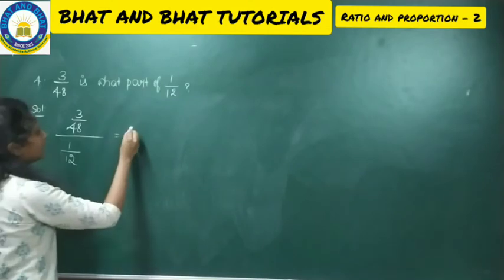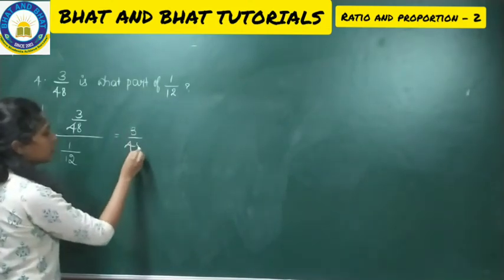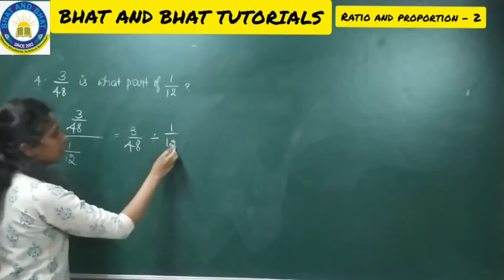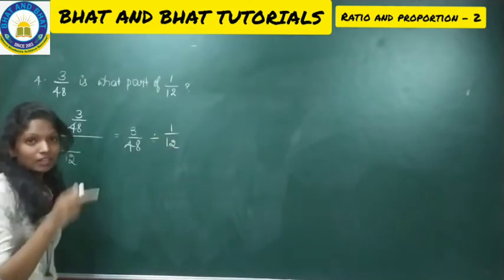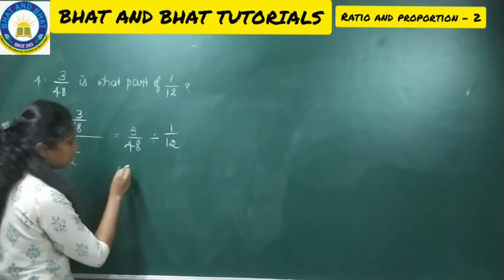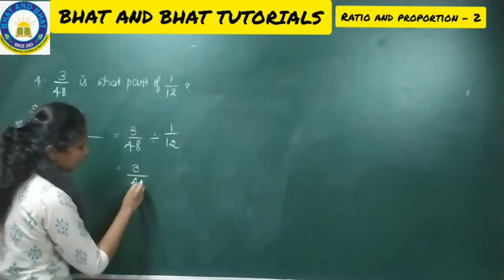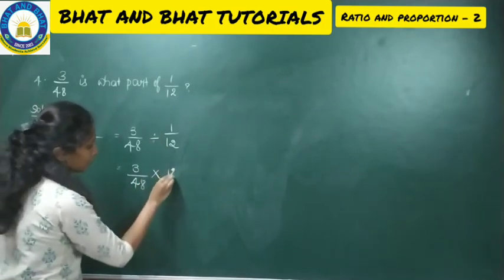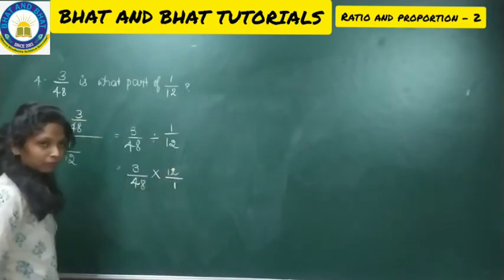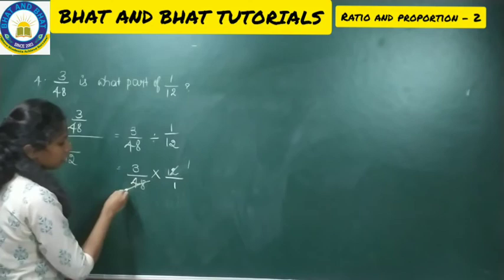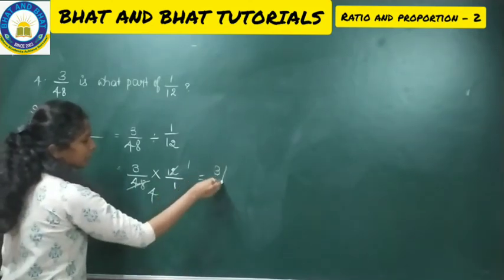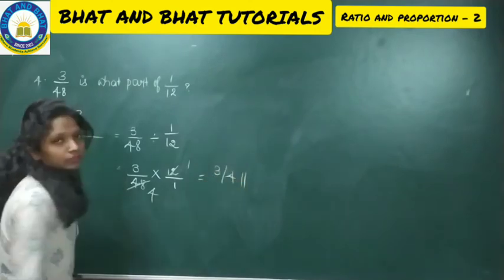So you all know when it is like this, 3 by 48 divided by 1 by 12, because since it is a part, is what part we are dividing, okay? So 3 by 48, division will become multiplication, 1 by 12 becomes 12 by 1, 12 fours are, so now it is 3 by 4th part. Make a note.